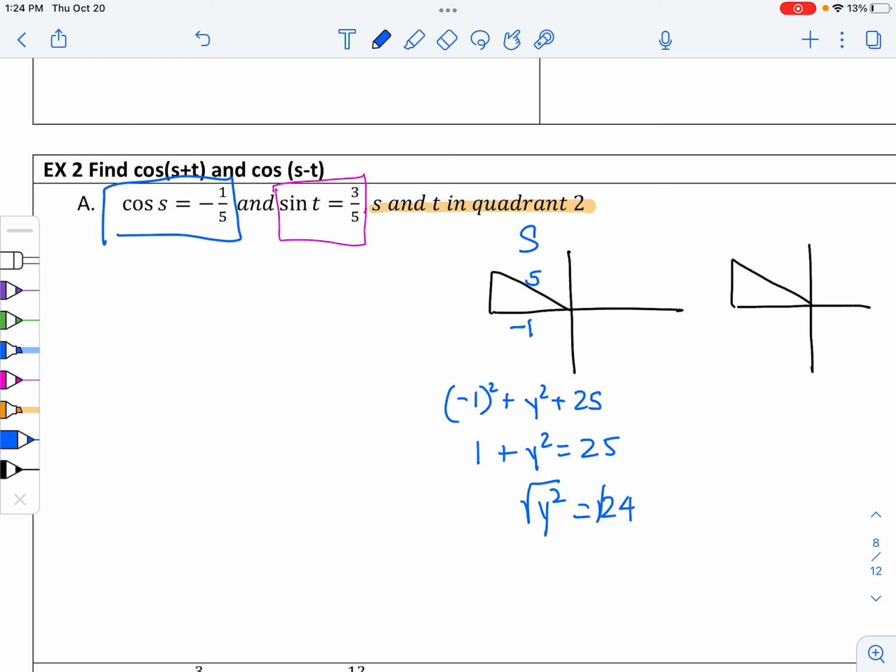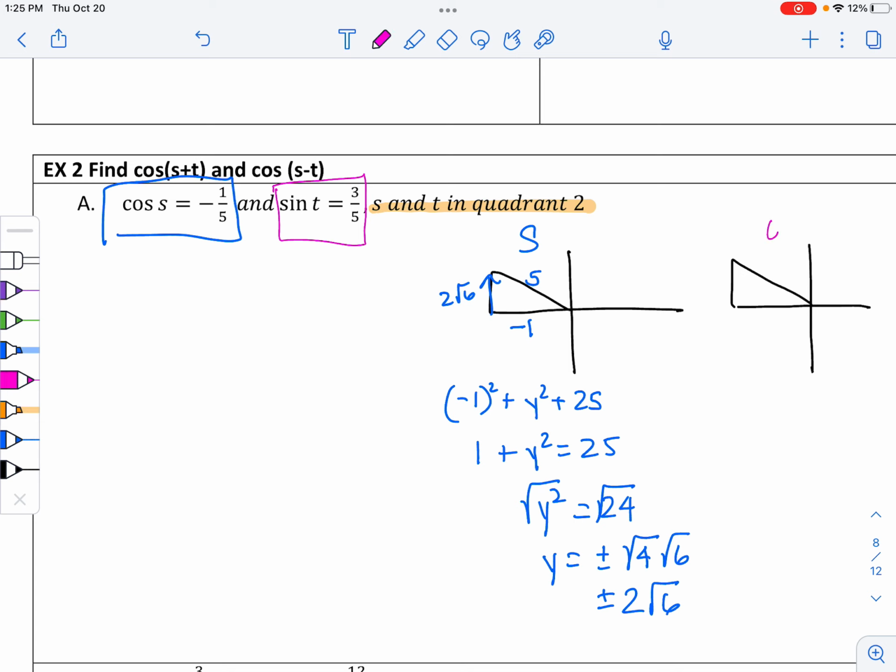Take the square root of it. That is y equals plus or minus square root 24. When I break that down, that is the square root of 4 times the square root of 6, so plus or minus 2 square root 6. What we need to do is look at the fact that this is going up, so I know that this would be 2 square root 6. There's my angle S picture.